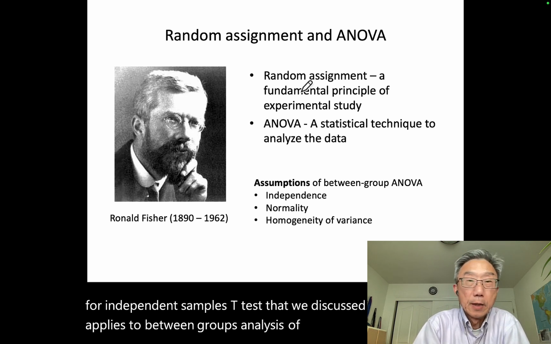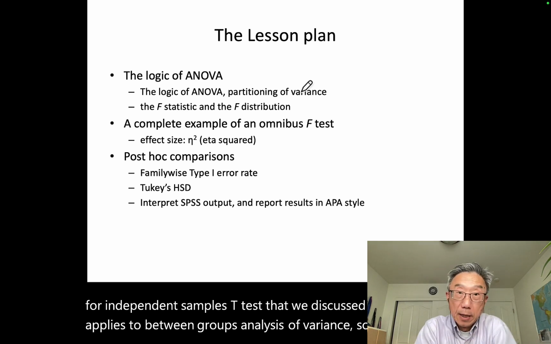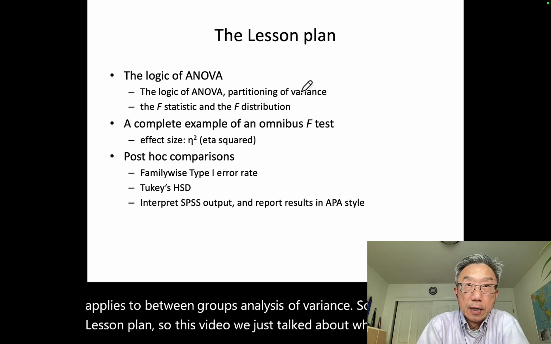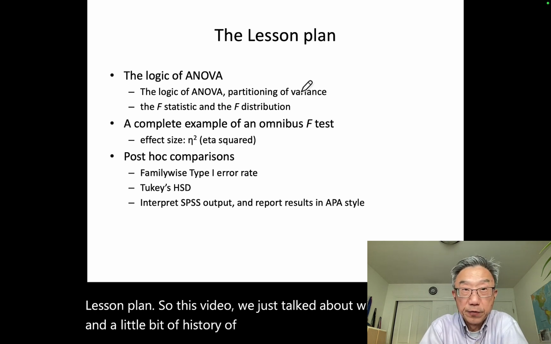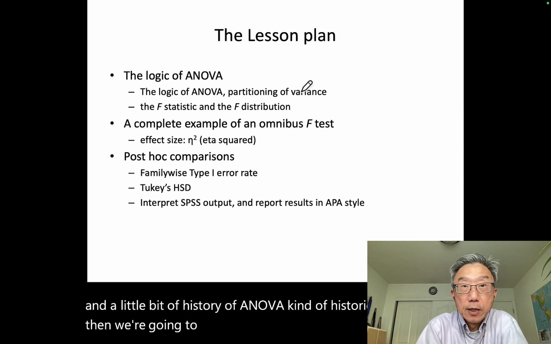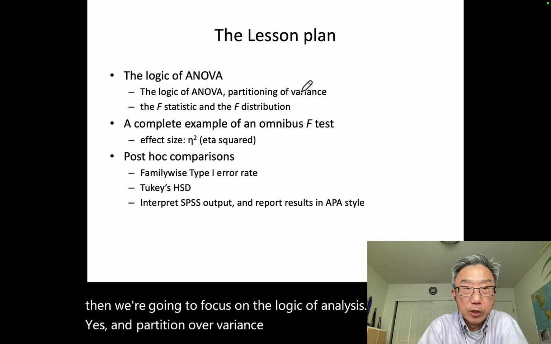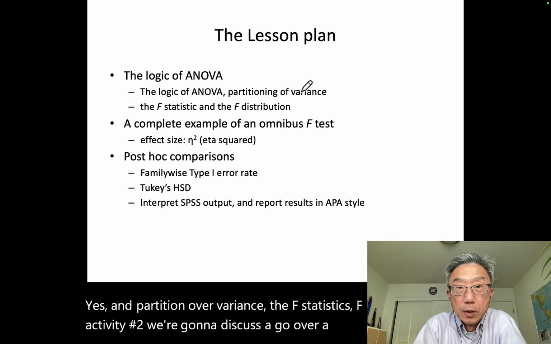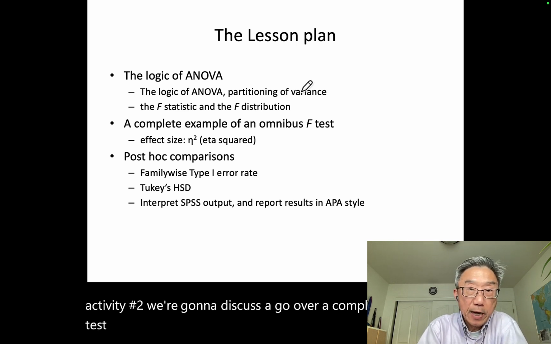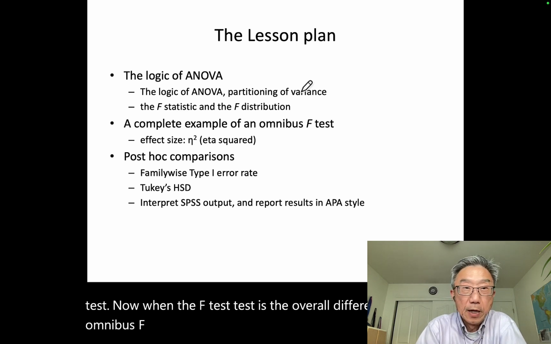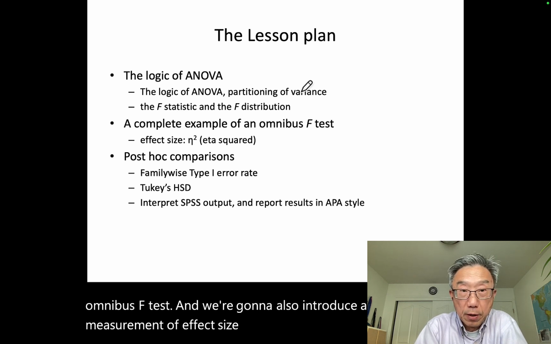Okay, so the basic lesson plan. In this video, we just talked about why it's necessary and a little bit of the history of ANOVA, including the historical figure. Then we're going to focus on the logic of analysis of variance and partition of variance, the F statistic, and the F distribution. In Activity 2, we're going to go over a complete example of an F test. When the F test tests the overall difference, we call that the omnibus F test. We are also going to introduce a new measure of effect size called eta squared.